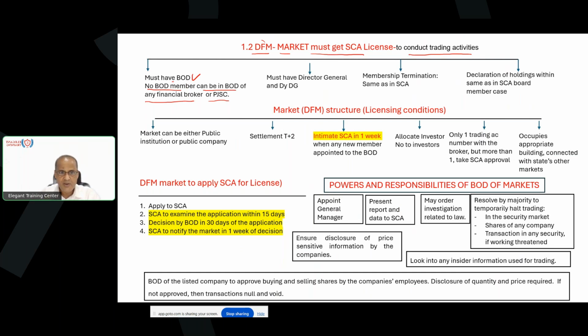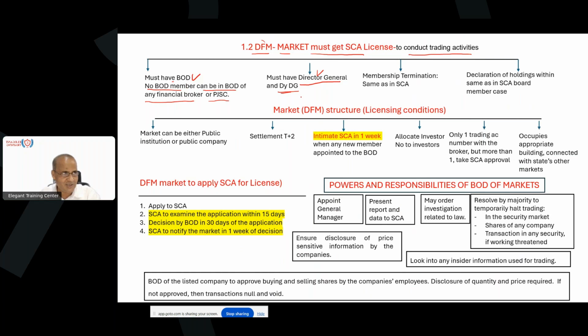Clear? Must have a director general and deputy director general, like we had CEO and deputy CEO in SCA. Here we have director general and deputy director general.